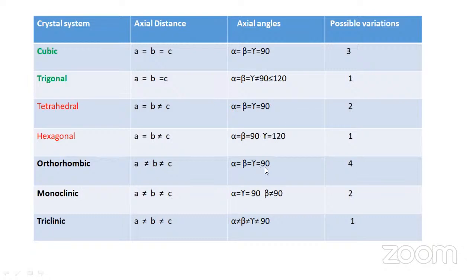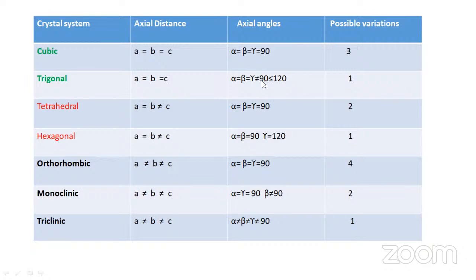Nana, based on this chart, we are going to see so many questions. So please note it down, all of you. Coming to the second one, trigonal. In the trigonal crystal system, alpha is equal to beta is equal to gamma, but they are not equal to 90.